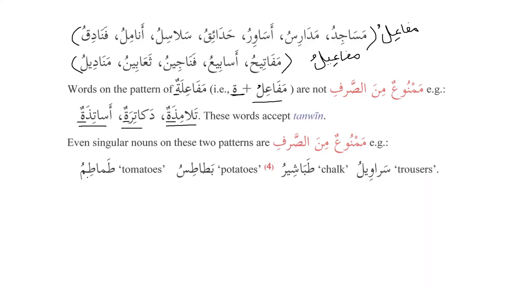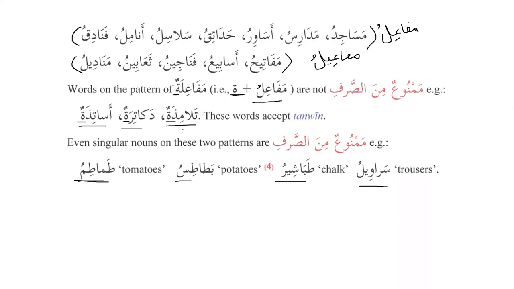However, if they come on the pattern of mafa'ilu, for example, tamatimu, tomatoes, batatisu, potatoes, tabashiru, chalk, and sarawilu, trousers, then they will not accept tanween. However, if ta marbuta is added to them, then they can accept tanween.